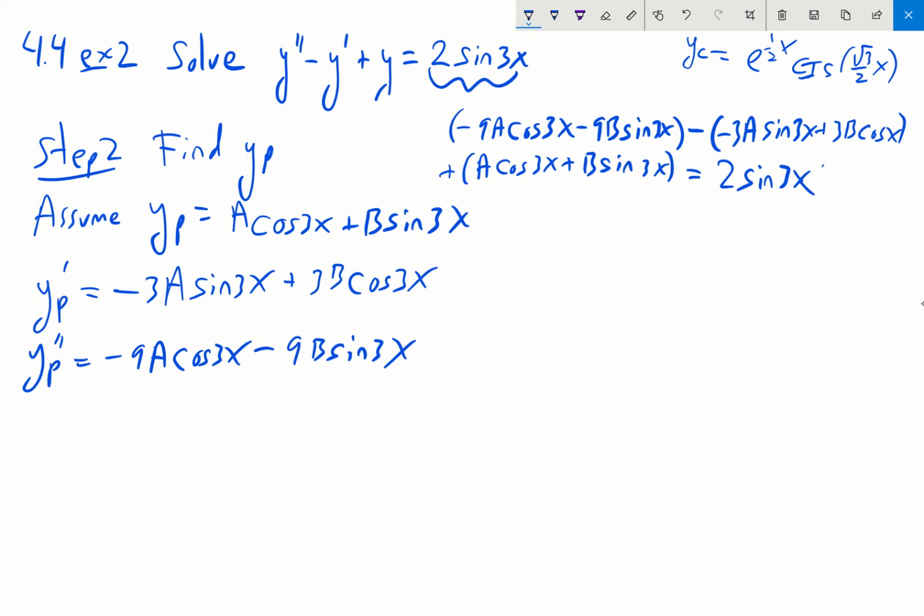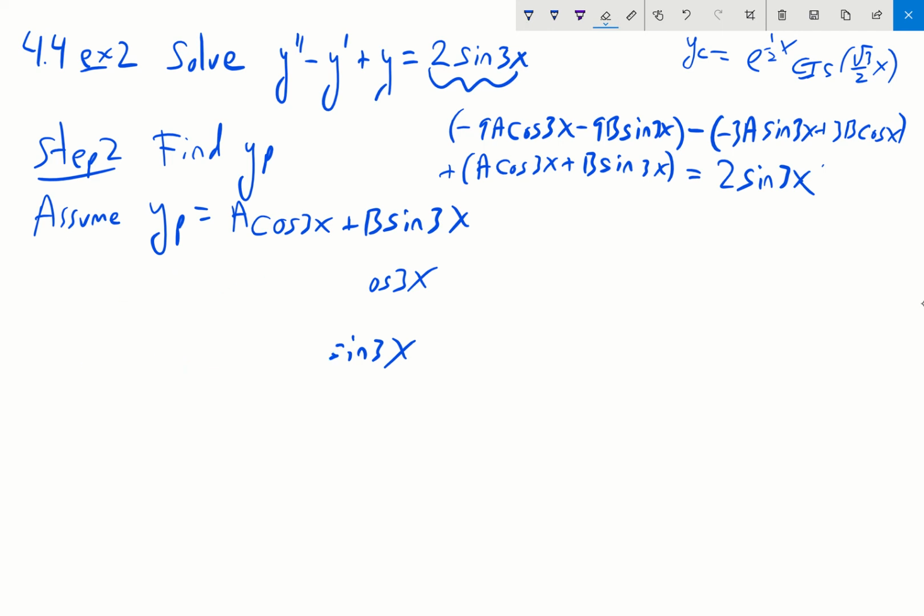Okay, again, we want to go ahead and distribute, get rid of the parentheses. Let me erase that. I won't really need that anymore. Everything's already plugged in. So here's what we have: negative 9a cosine of 3x minus 9b sine of 3x.